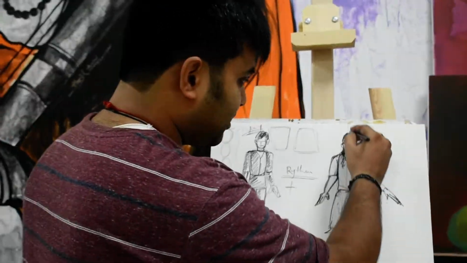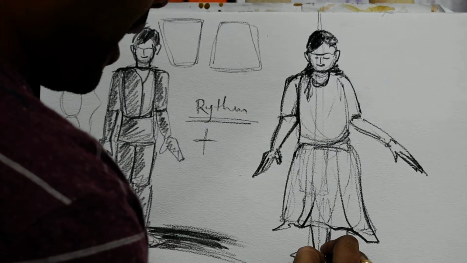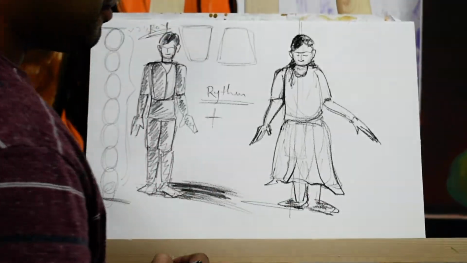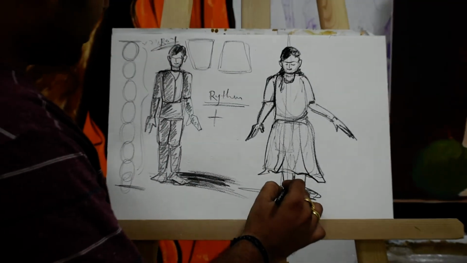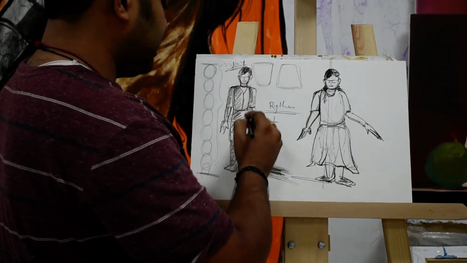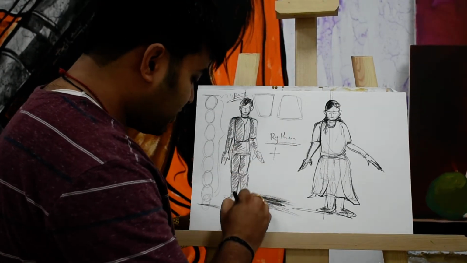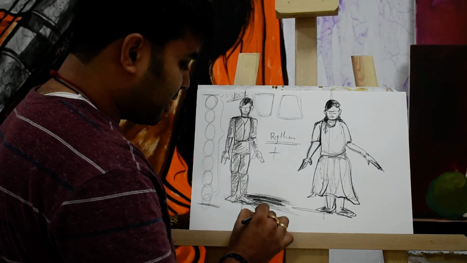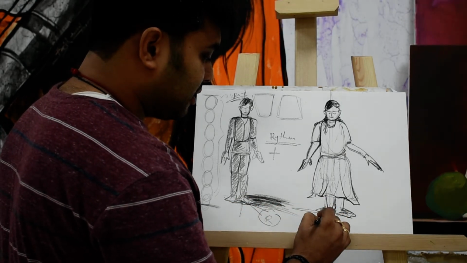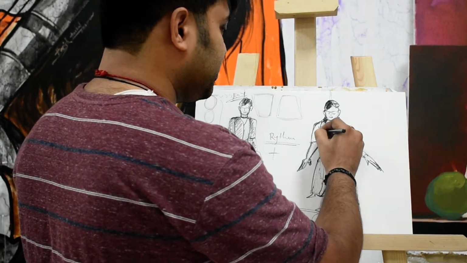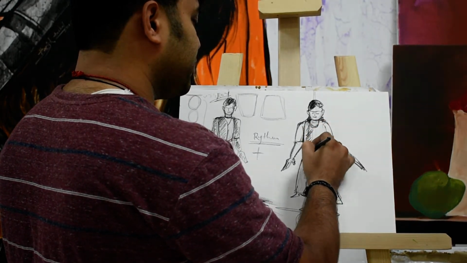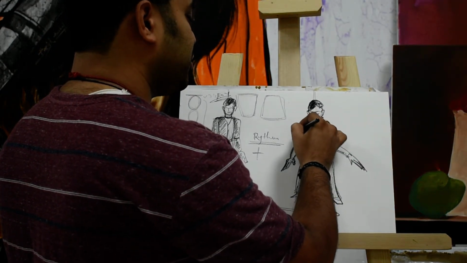If you take a line like this, the girl's maximum weight will be on this leg, her right leg. Whereas the boy's rhythm will be in the left leg here. This is called rhythm. And you can shape however you want, just to add beauty.